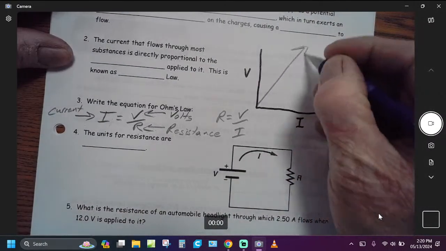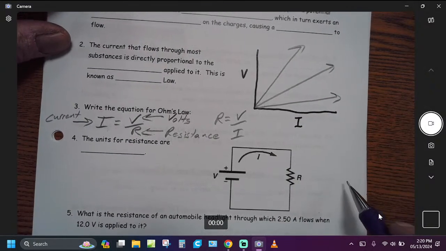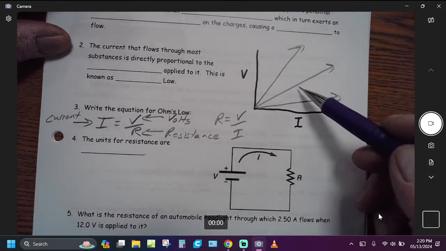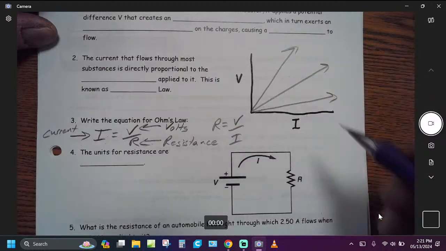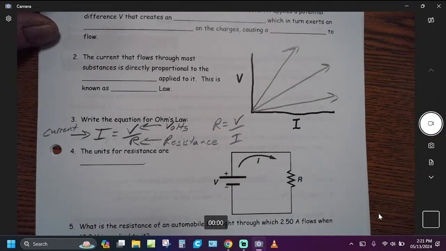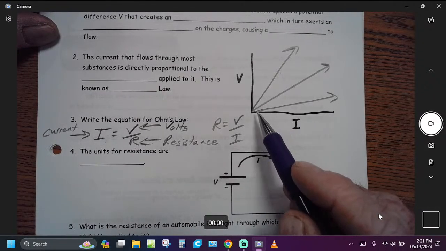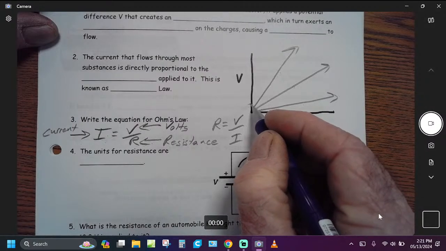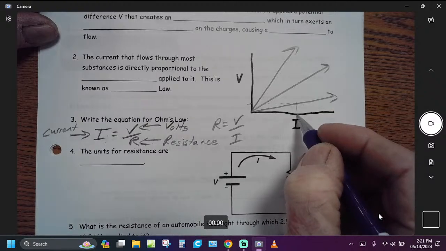I'm going to do 3 different situations. Let's say these represent 3 different circuits. Which one has the most resistance? Top one, middle one, or bottom one? If you have this much voltage right here, then you have this much current.